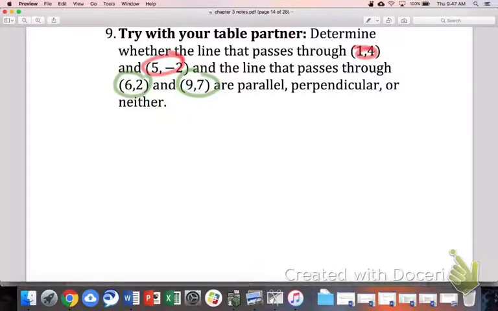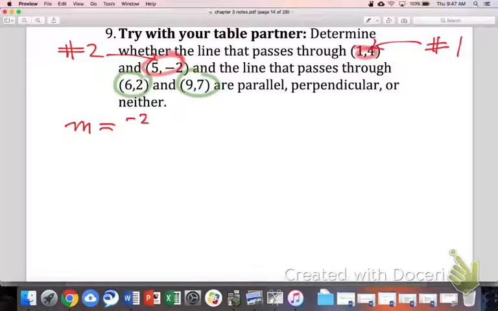So I'm going to call this point number 2 and this point number 1. Okay, so if that's my point number 2 and my point number 1, I'm going to write m equals, what would be my y2? Sam? It would be -2. This is the second y, right? Yeah. You are correct.